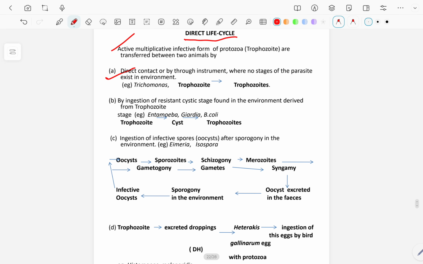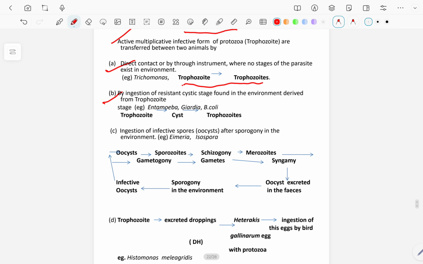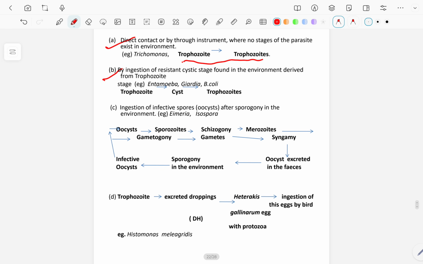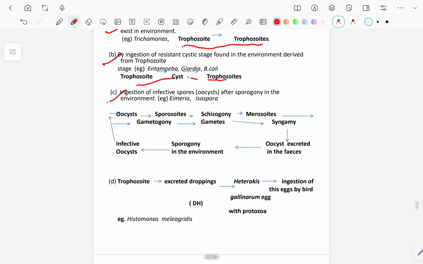Example: Trichomonas, trophozoite to trophozoite. Or by ingestion of a resistant cystic stage found in the environment, derived from the trophozoite stage. Example: Amoeba, Giardia, E. coli: trophozoite, cyst, trophozoite. Or ingestion of infective spores after sporogony in the environment. Example: Eimeria, Isospora.